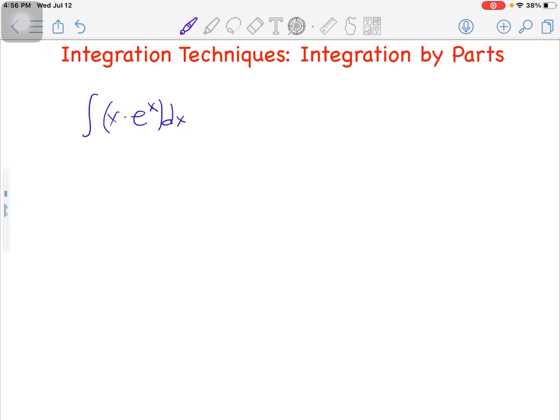As you can see over here, this function, maybe y equal to x multiplied by exponent x, is a product of two functions, which is x and then exponent x. And therefore we can consider it as integral of x into bracket exponent x dx.